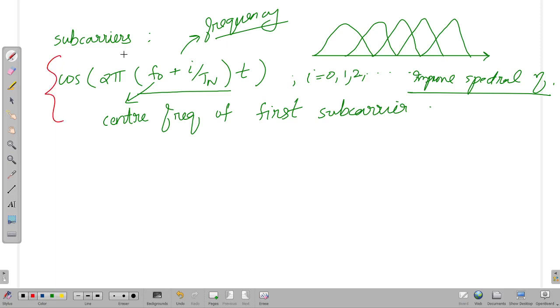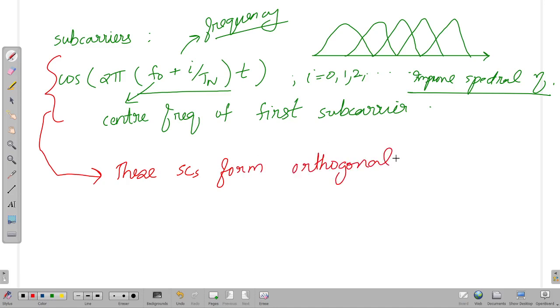Okay, we'll prove that this is a set of subcarriers with frequencies f naught plus 1 by T, f naught plus 2 by T, etc. So we'll see that these subcarriers form orthogonal basis functions on the interval.